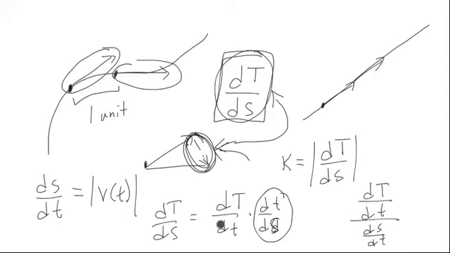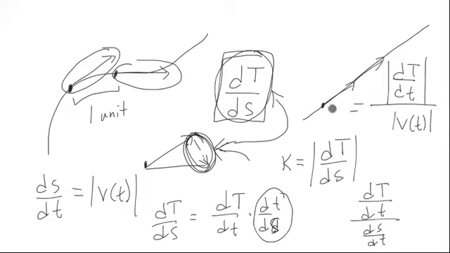Remember that ds/dt is simply the length of the velocity, and we get dT/dt. So dT/dt divided by that is equal to dT/ds. Since we're taking the absolute value or length of the vector, that's another way of thinking about how to find the curvature.